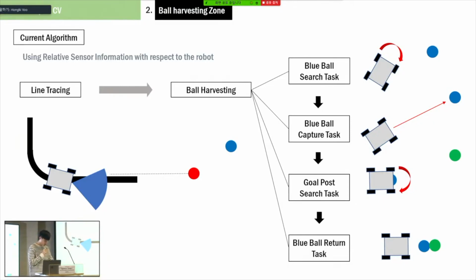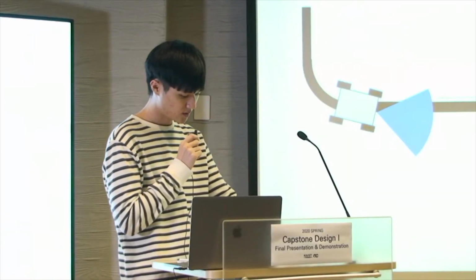The robot searches for the nearest blue ball, captures the targeted blue ball while avoiding all obstacles, and also finds the goalpost, then moves to the goalpost. The completion of each task is checked at every time interval, so that if one task fails, the blue ball search task will start again.